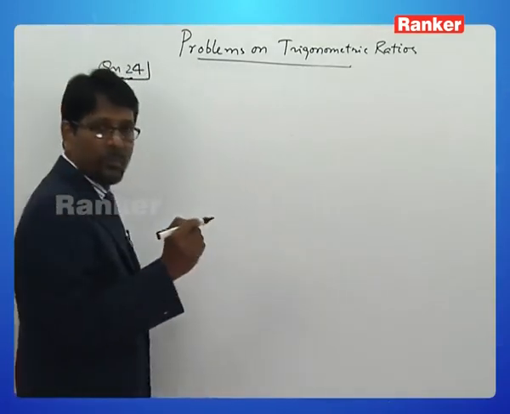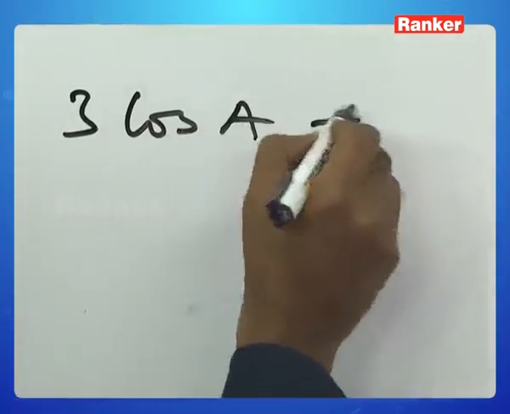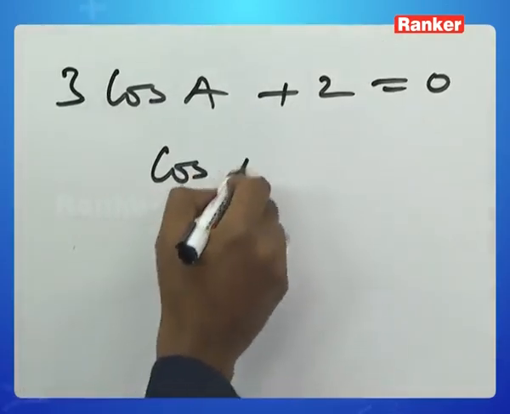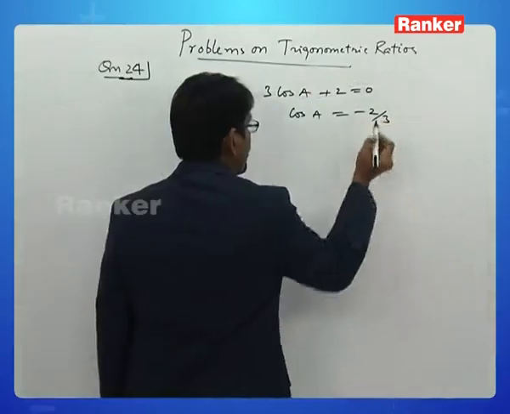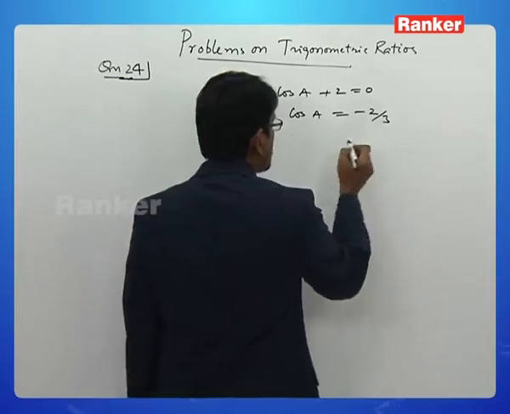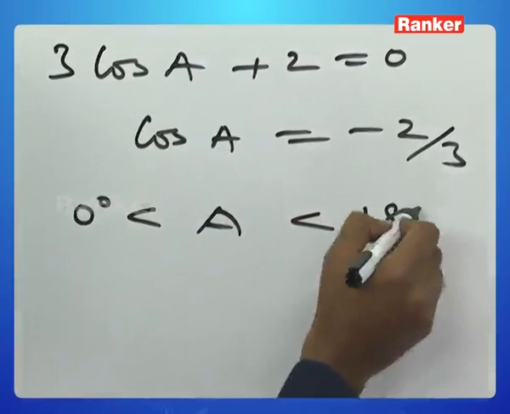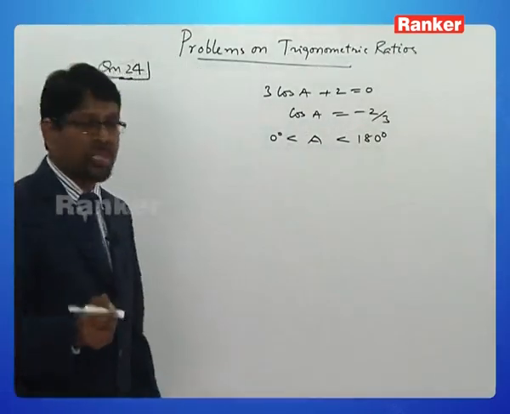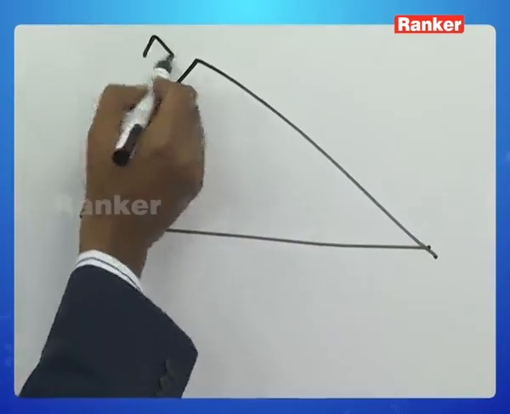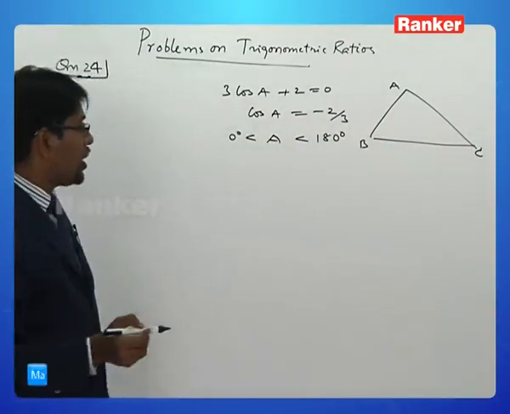Here, in the triangle ABC, 3 cos A plus 2 is 0. So that is given. So cos A is clearly minus 2 by 3. A is an angle in a triangle, so A has to be between 0 and 180. Now in which quadrant can cos be negative?